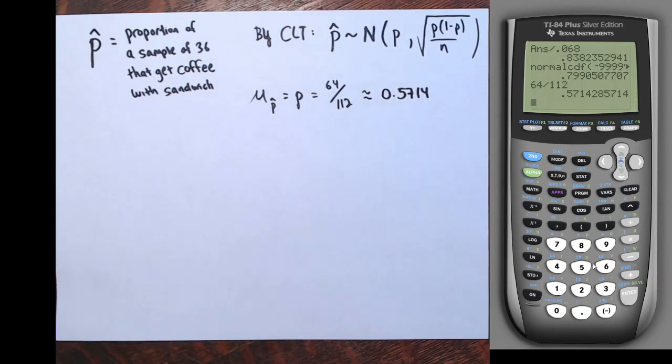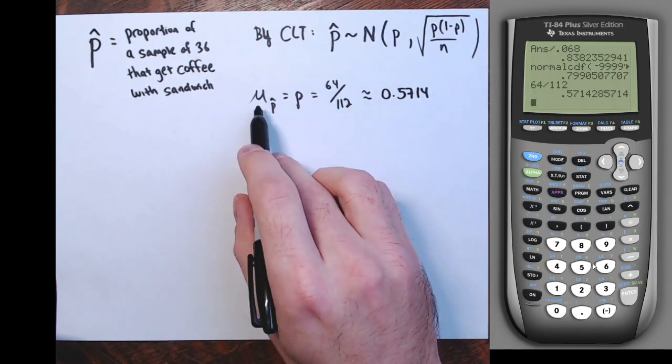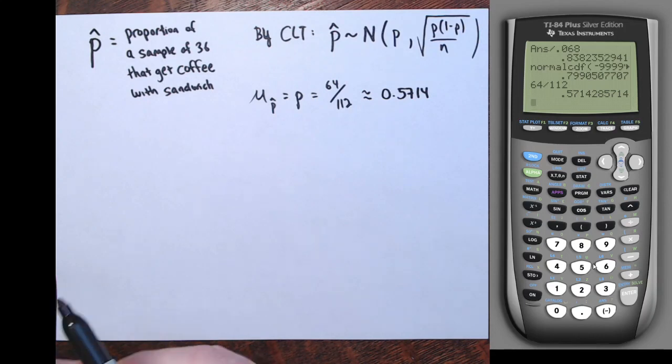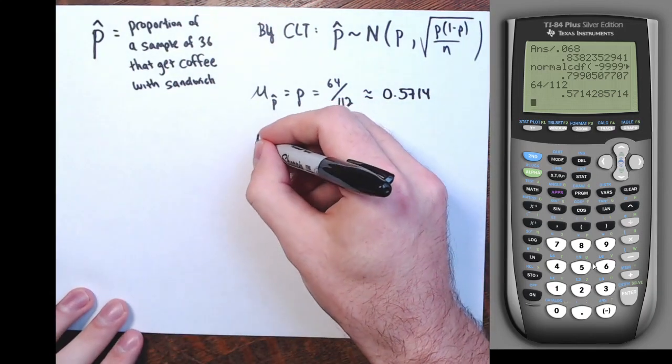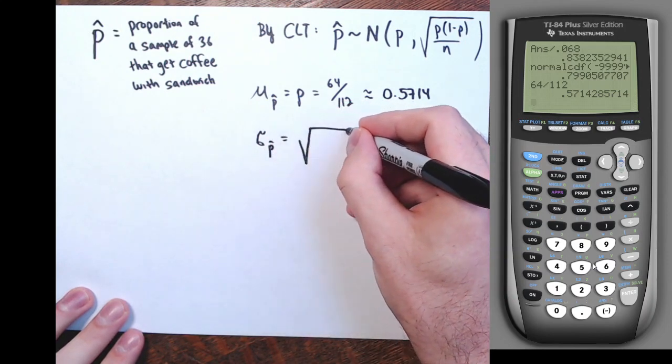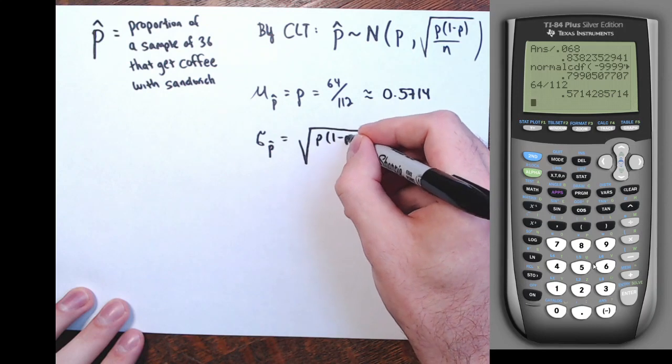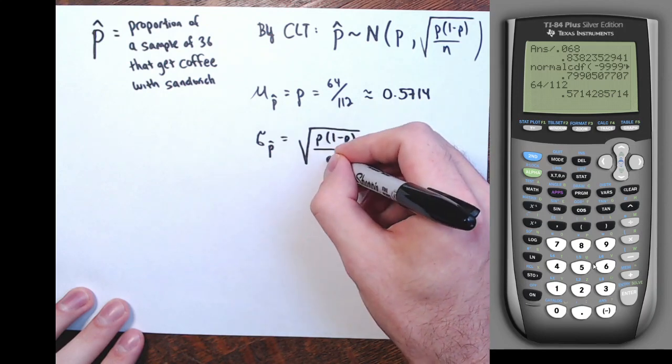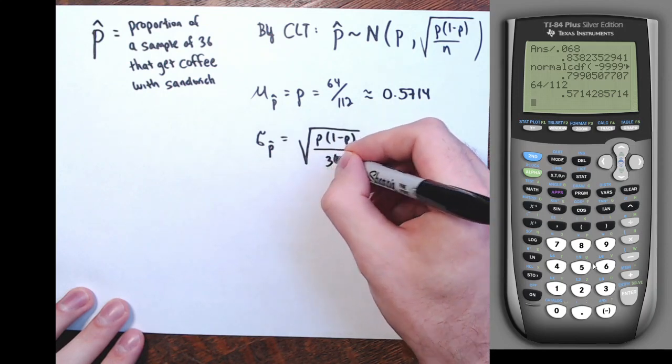So the population proportion, which is also going to be the mean of the sample proportions, is a little over 57%. All right, and the standard deviation of these p hats, the standard error, is the square root of this times 1 minus it, and then divided by, in this case, 36.